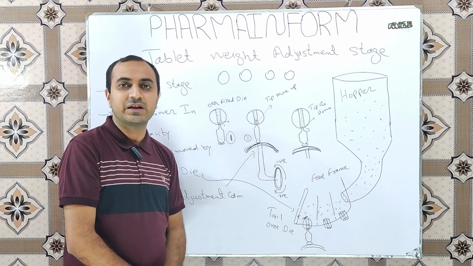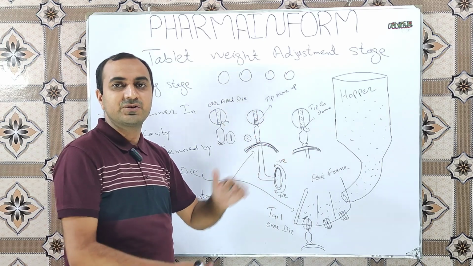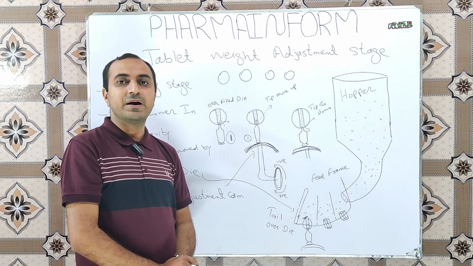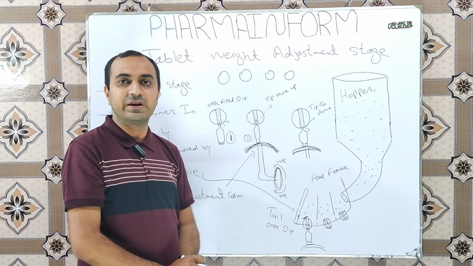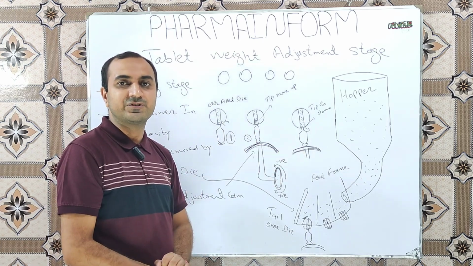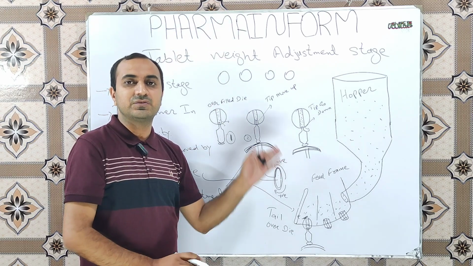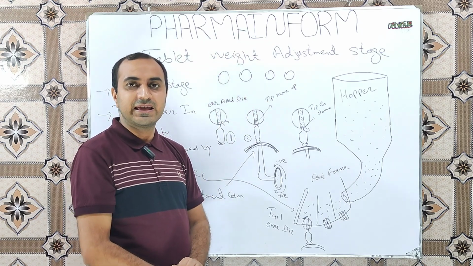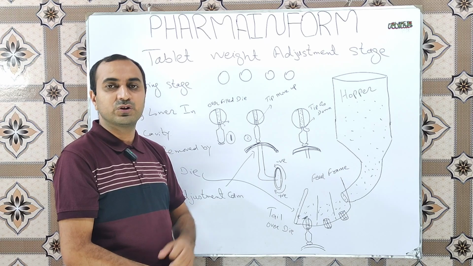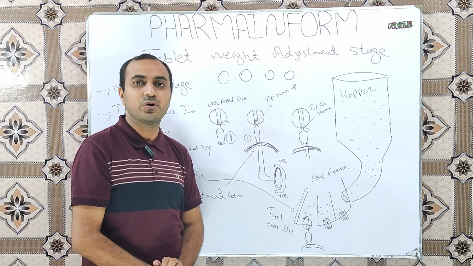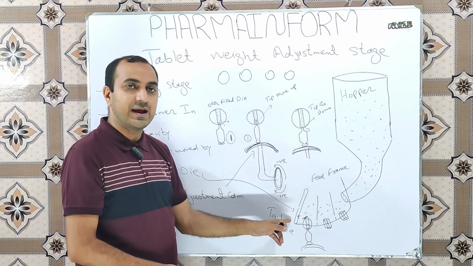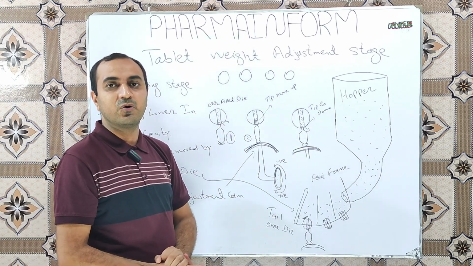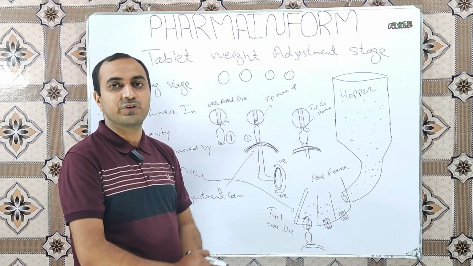It is the basic concept used in all compression machines, and in advanced compression machines you give the feed on the HMI, and all the process is the same, but instead of manual rotating weight adjustment knobs, we have servo motors installed for lifting this weight adjustment cam upward or downward, and in this way the punch tip moves either upward or downward in the die cavity and increases or decreases the space for the filling of powders or granules, and the extra powder or granules are scraped off by this tail-over die, and in this way we can simply increase or decrease the weight of the tablet while our compression process is in progress.